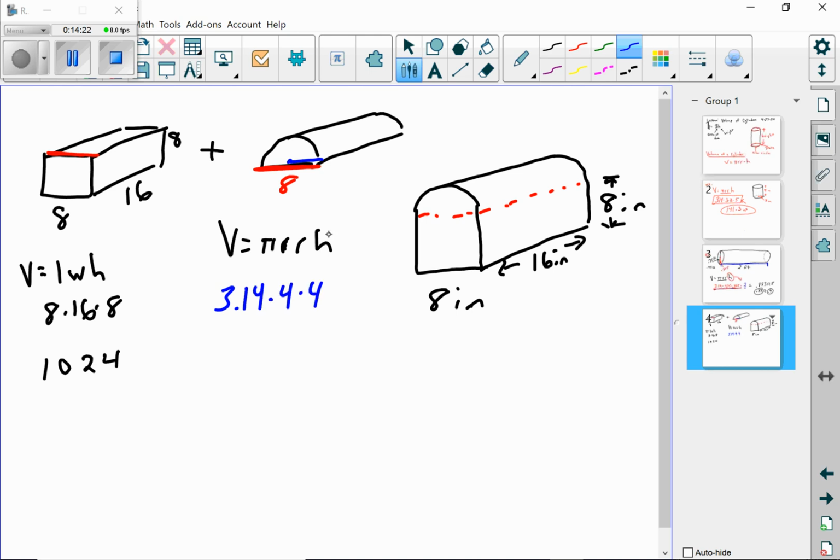Now, I need the height of that cylinder. Remember, the height of the cylinder is how far it is from the front circle to the back circle. That's this distance right here. If I go back to the box, that would be this distance right here, which has to match that number, so 16. All right, type all this in the calculator.